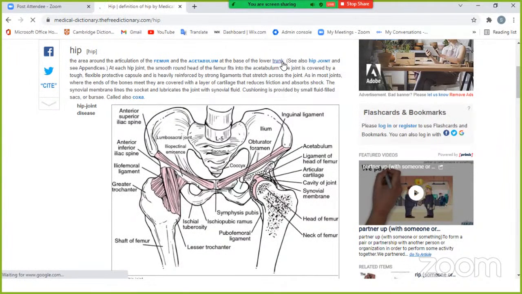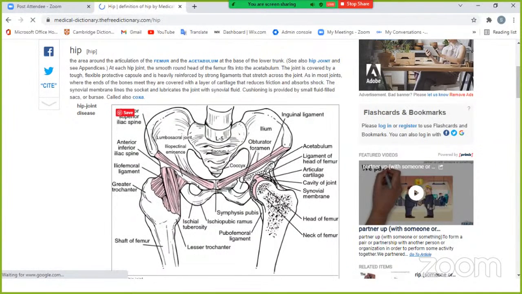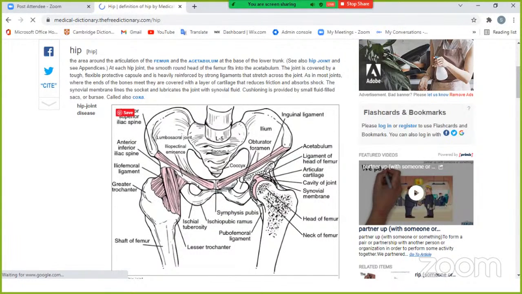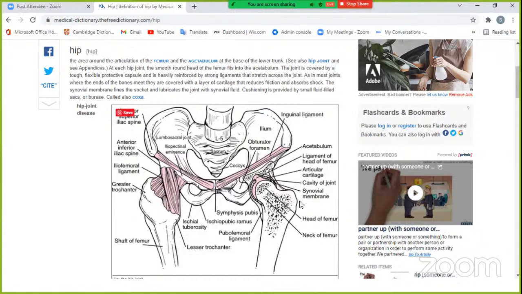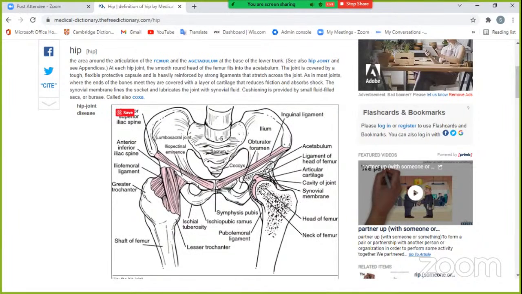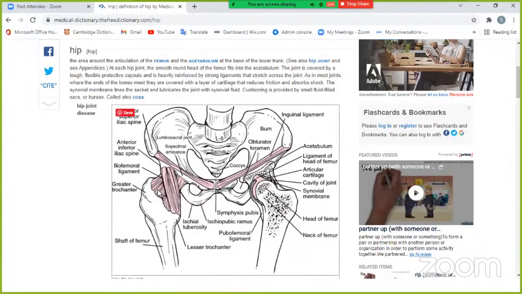So it is called hip joint. This is the neck of femur. This is the left and this is the right. So you can see two, one for the left side and one on the right side. This is the head of femur, and likewise here also it will be the head of femur or neck of femur. Right, okay, fine. So hip joint.